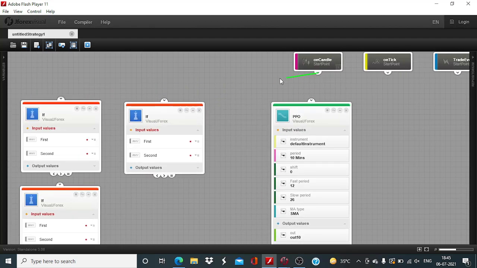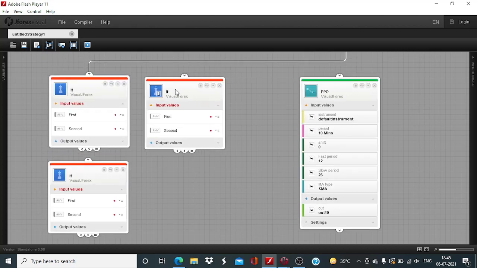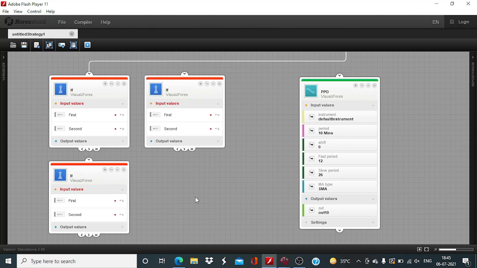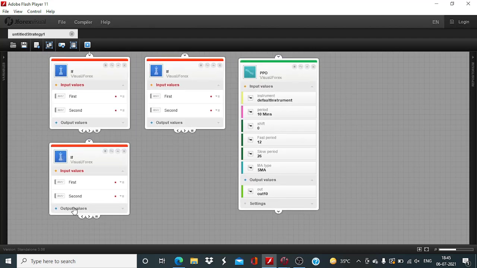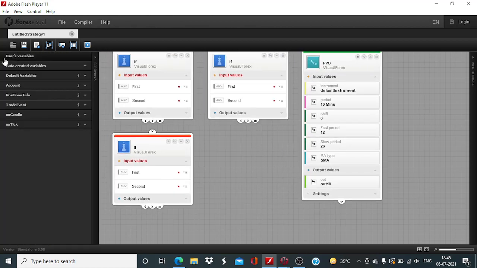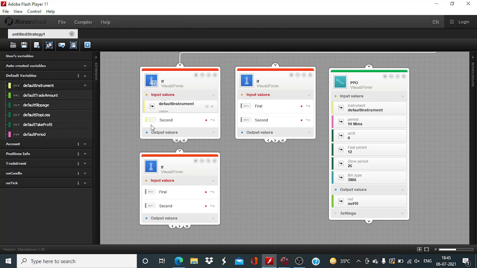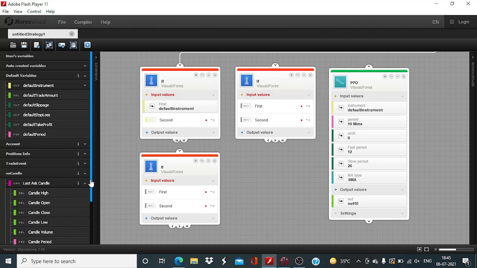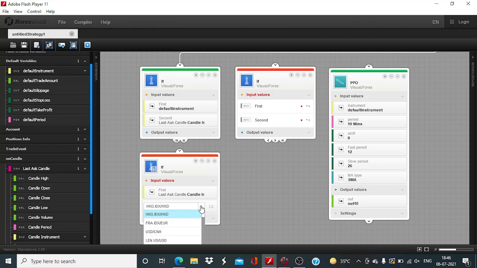We will use on candle as our start point. Default variable, default instrument will be matched with on candle instrument. Here we will have to find the Euro USD.